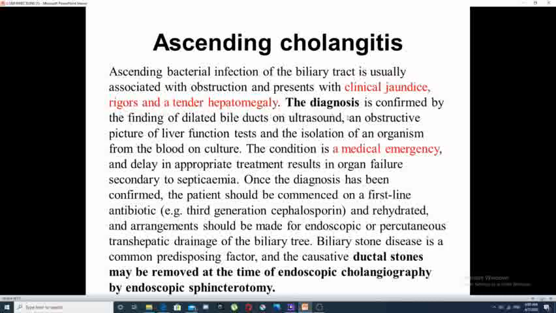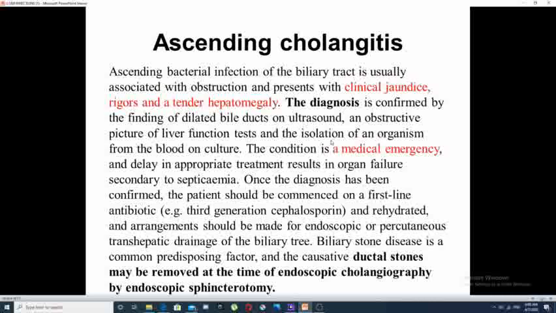Diagnosis is confirmed by finding of dilated biliary ducts on ultrasound or MRCP. An obstructive picture of liver function test is present, and on blood culture, isolation of the causative microorganism can be done.